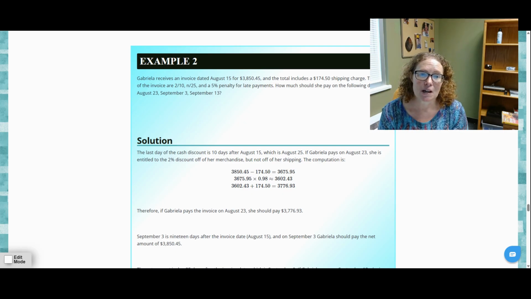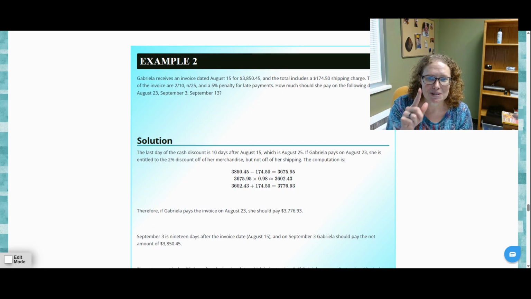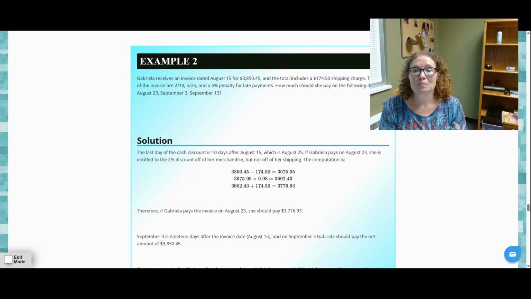The first one is the 2, so she would have to pay within 10 days for the 2% discount. So she has until the 25th. If she pays by that time, then she would get that discount.